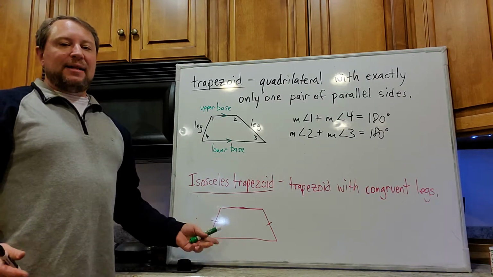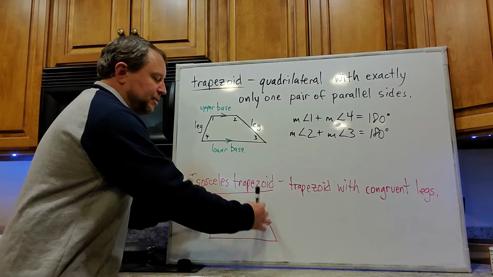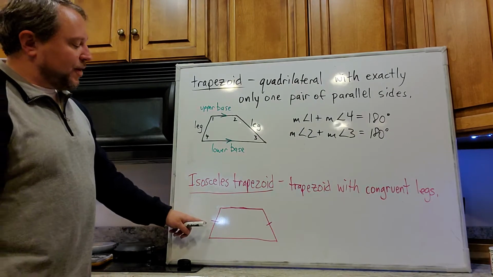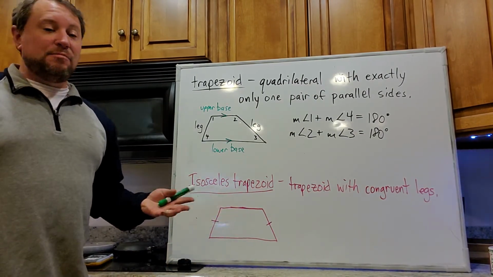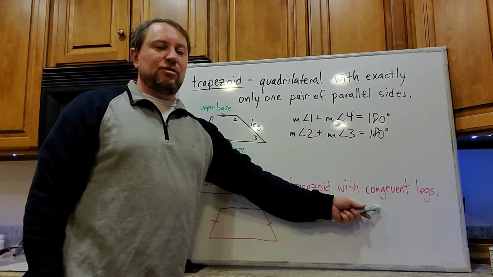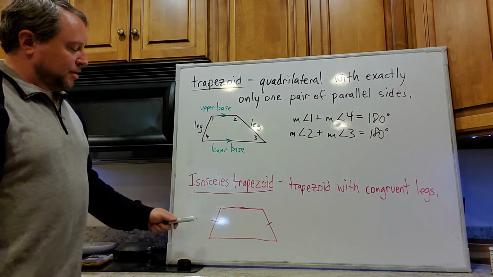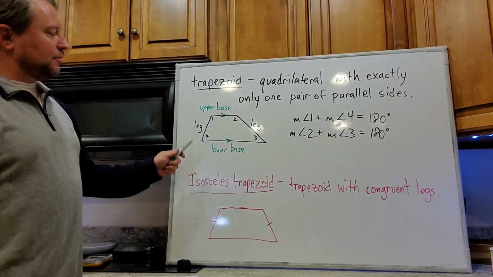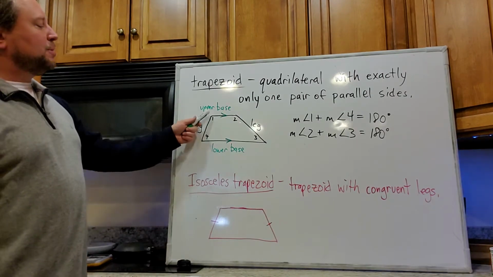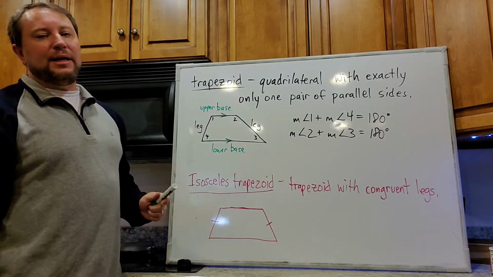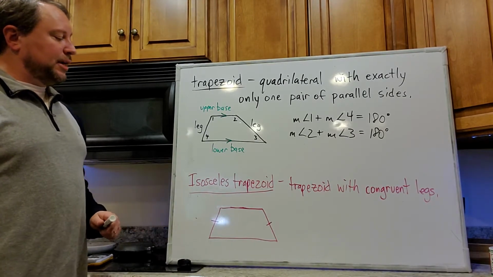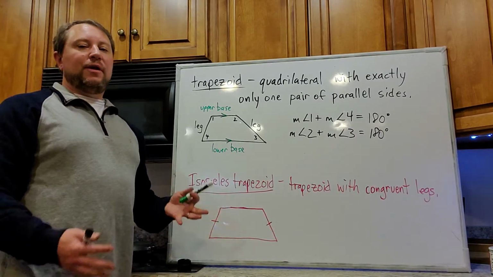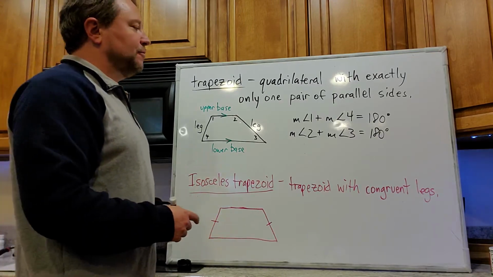It's very balanced, very symmetric, the same on each side. What makes an isosceles trapezoid, what gives it its name, is the fact that it has to have two congruent legs. So these two legs have to match in length, whereas up here, I purposely drew this one with different lengths of legs. So an isosceles trapezoid, as a result, is going to be very balanced, or you might say very symmetric.